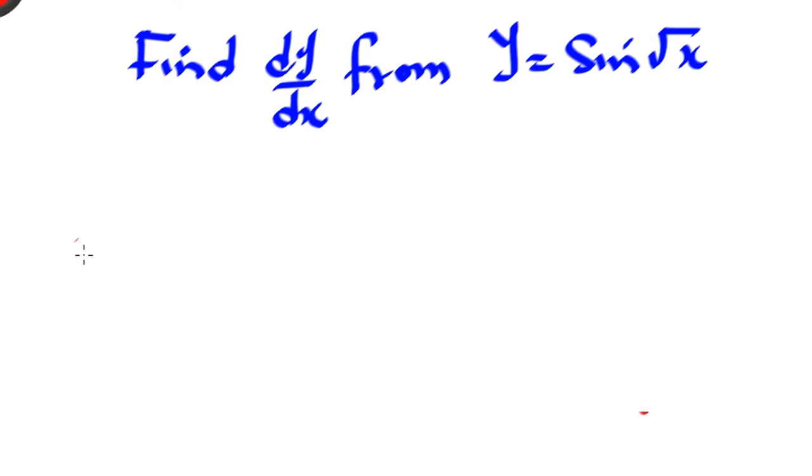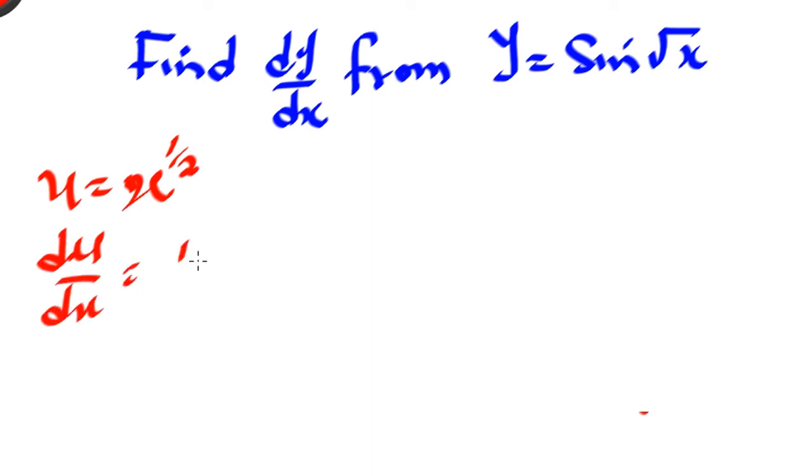Here we have established that we could make u equal to x to the power 1/2. From here, du/dx is equal to 1/2, from the power rule of differentiation, multiplied by x raised to the power 1/2 minus 1.